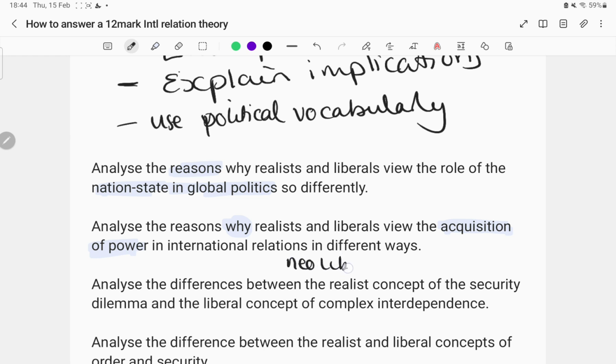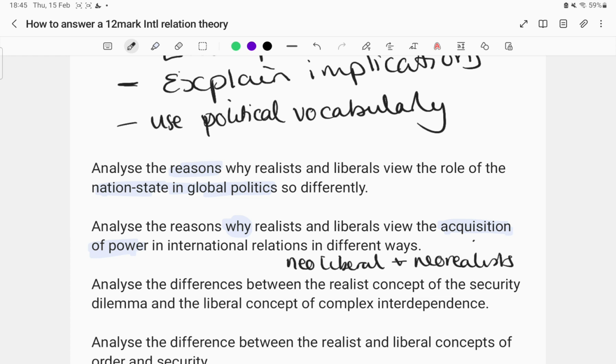So both neoliberals and neo-realists, they tend to merge or converge closer to the middle on some of these issues, and having a paragraph on that whilst you talk about, well, classical assumptions are like this and there are big key issues here. However, whilst they're still different, neo-realists and neoliberals seem to be a bit more similar because of this, is a good thing to do as well.